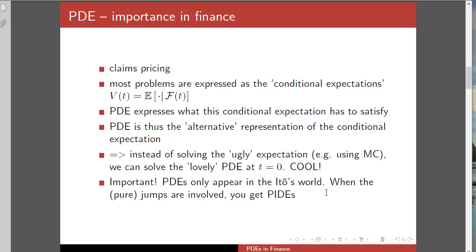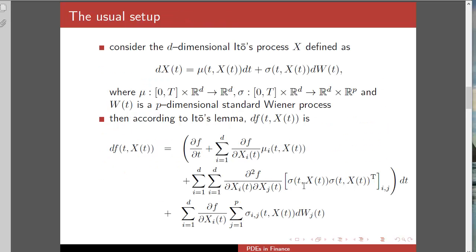So bear this in mind, because there are some more complicated problems where you have non-Itô processes, and this will generally lead to PIDEs. Okay, so in order to discuss some more details about the PDEs, we need to talk about the Itô processes and also about Itô's lemma.